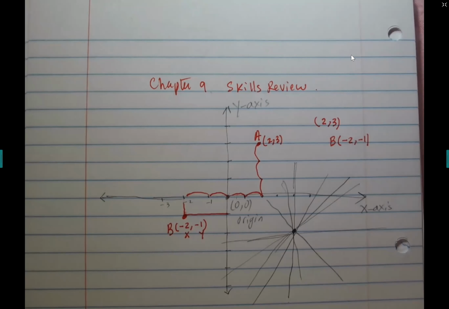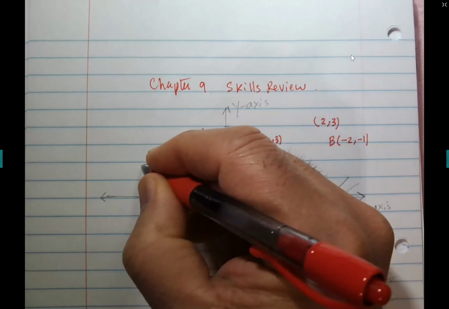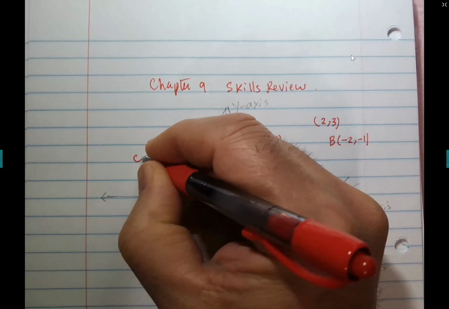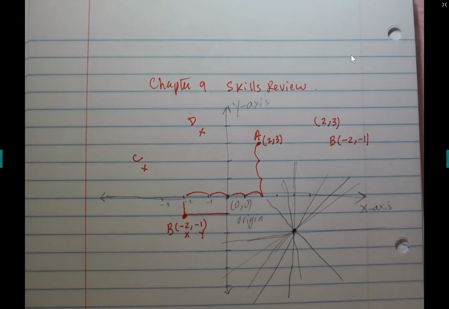Now I'm gonna change my question. I'm gonna put 2 points. Let's call them C and D. How many lines can I pass through the points C and D? Who can answer this question? 1. One line. That's it.